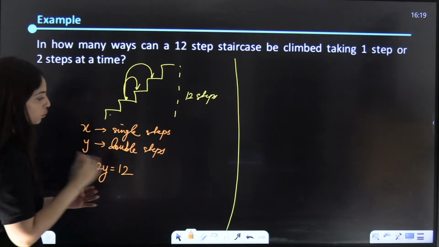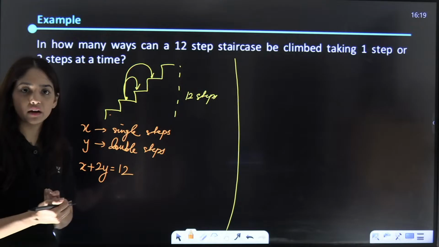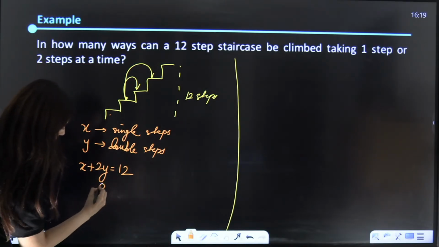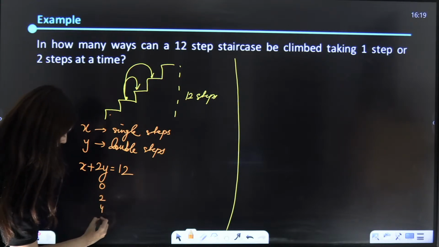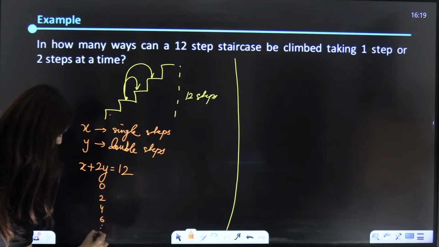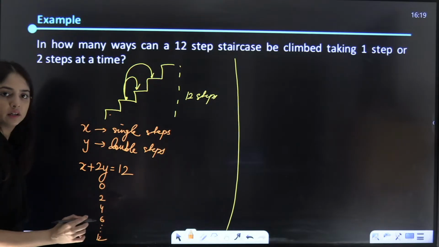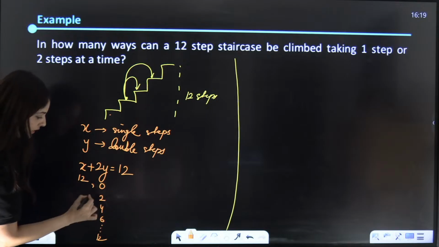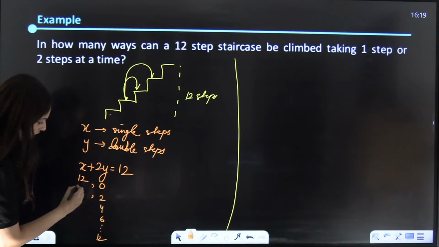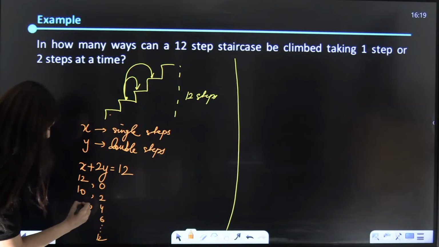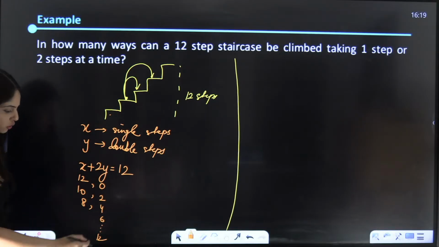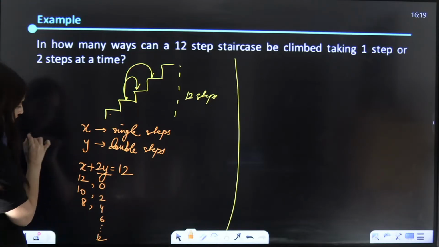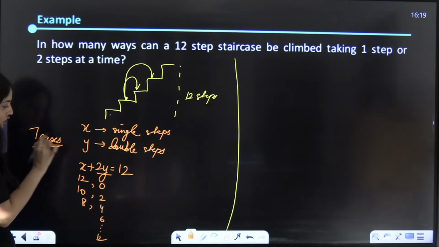But we won't just count how many possibilities of X and Y are there, because if this goes from, let's say 0, then 2, 4, 6 up to 12, right? Now for X, we know there's only one possibility. In each case, there's only one possibility for X. So 0 to 12, that means Y can go from 0 to 6. So total 7 cases. But that's not all the problem.